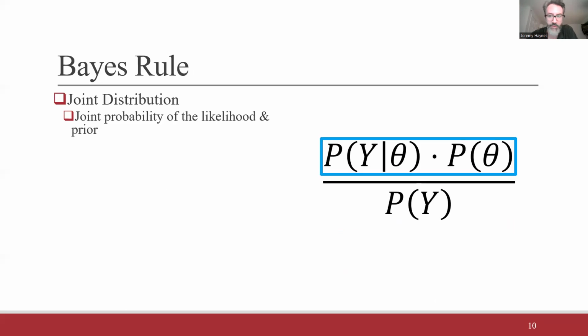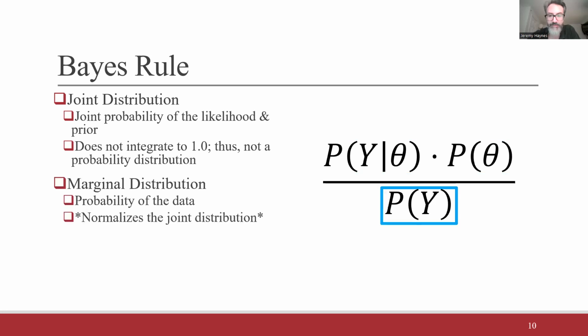Okay. So let's go back to Bayes' rule, and in particular, let's talk about the joint distribution. So this is the numerator of the equation, and this consists of the joint probability of the likelihood and the prior. Now, by itself, the joint distribution does not integrate to 1, and so it's not a probability distribution.